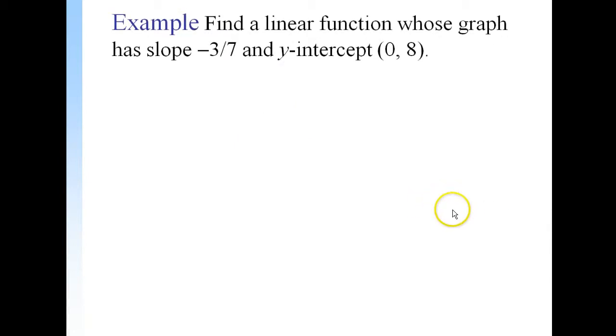Okay, this one's sort of easy. Read it carefully. And what tools do you need? Well, you want to know what slope-intercept form looks like. Y equals mx plus b. Well, they want us to write an equation, so we put our y, but here they're telling us what the slope is, a -3/7.